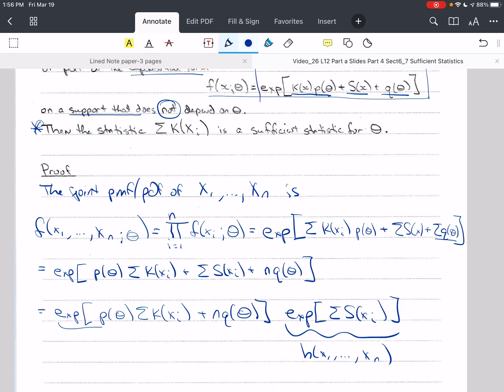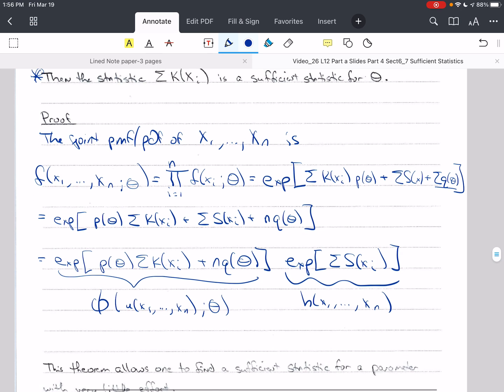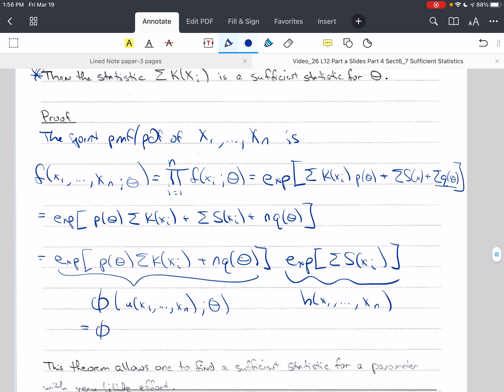And this is phi of u of x1 up to xn, theta, which is equal to phi of the sum of k of xi, theta.